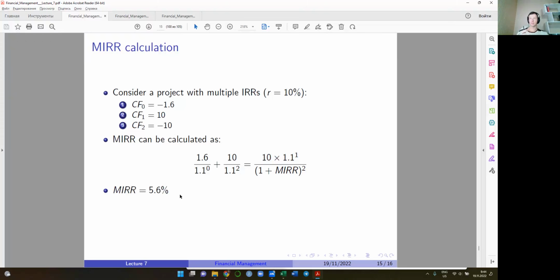And look, there is no contradiction anymore. Modified internal rate of return is less than cost of capital, so we do not accept this project, or we reject this project. Again, because interest rate is always compared with the cost of capital.